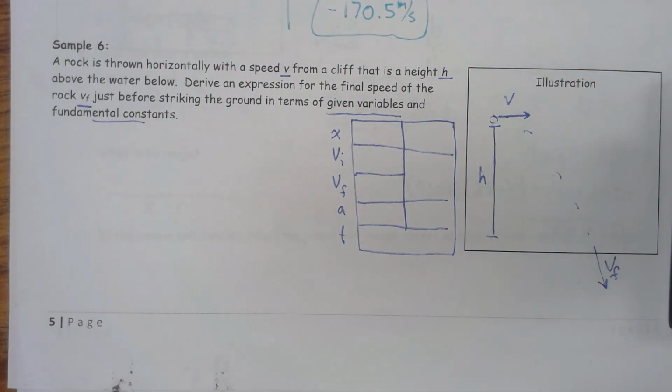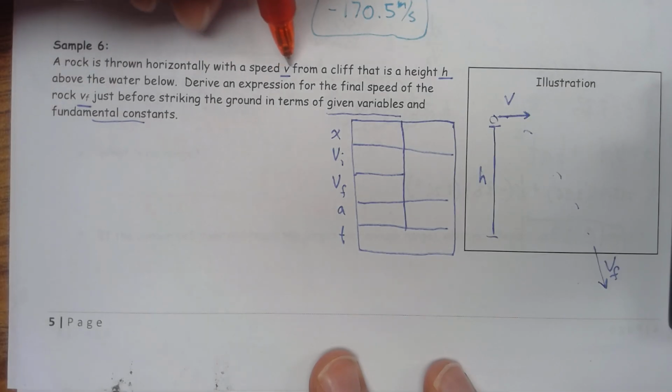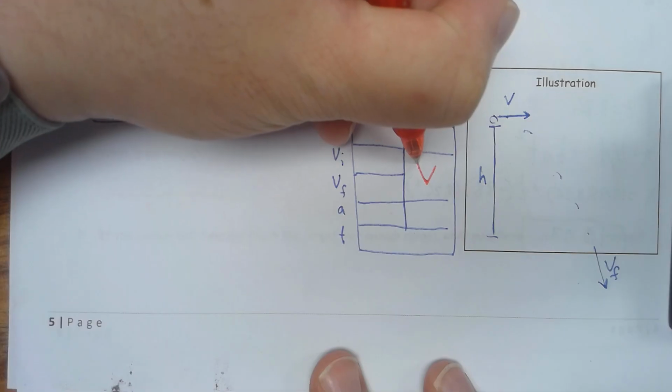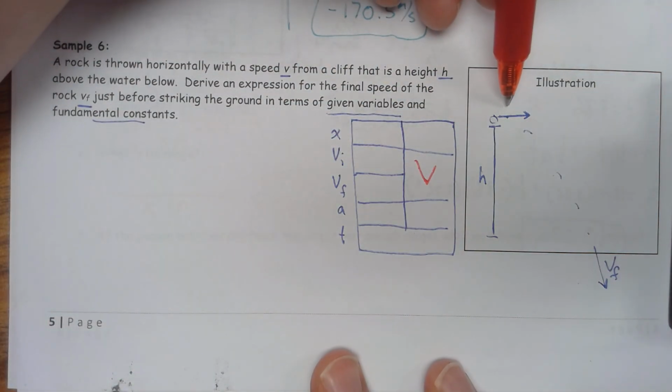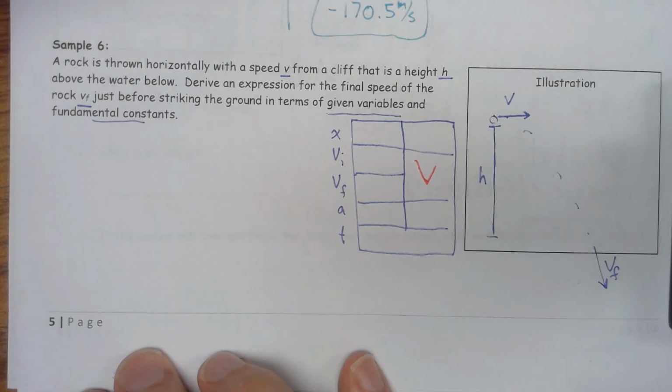What letters are we allowed to use when we fill this out? VI, VF, and H. Not VI. What is this V? That is horizontal. Yeah, that's actually Vx. So V is actually going to be this horizontal speed, the launch speed right here at the beginning. Okay. Use H for displacement. We're allowed to use H for displacement.